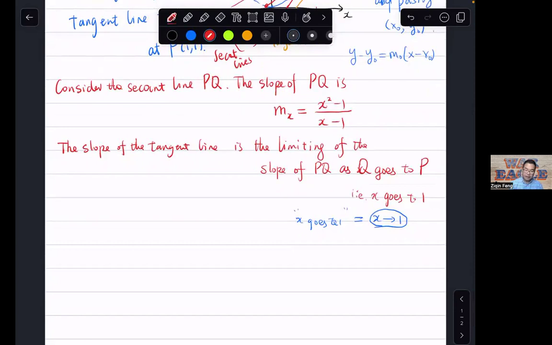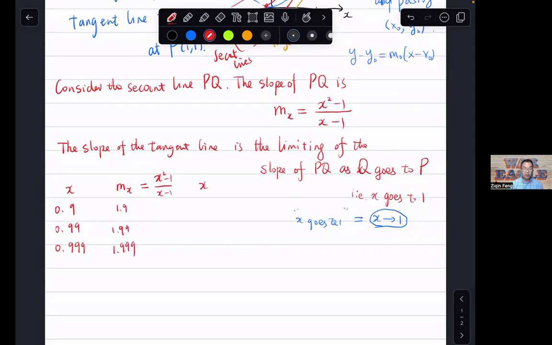So if you have the value x to be 0.9, 0.99, 0.999 from the left side, you calculate mx, which is x squared minus 1 over x minus 1. This will be 1.9, 1.99, and 1.999, right?